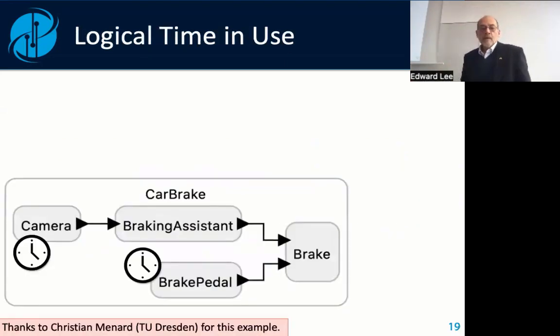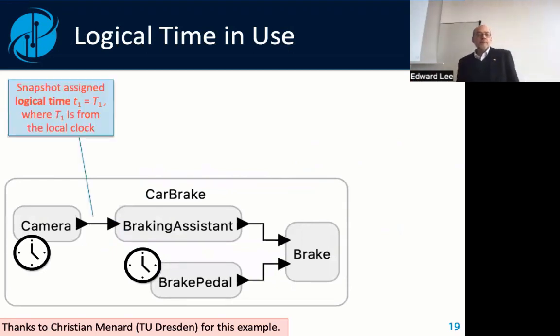Okay. So let's look at how this plays out in the car braking example. So the camera takes a snapshot and assigns it a logical time. And I consistently use lowercase for logical times and uppercase for physical time. So it gives it a logical time that it draws from its local physical clock. So now the event has a logical time.